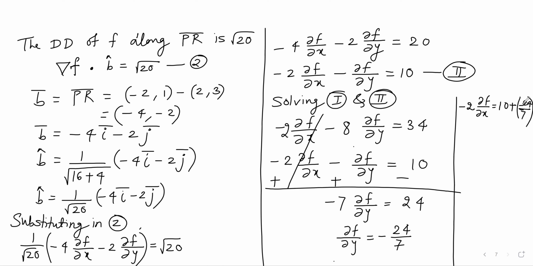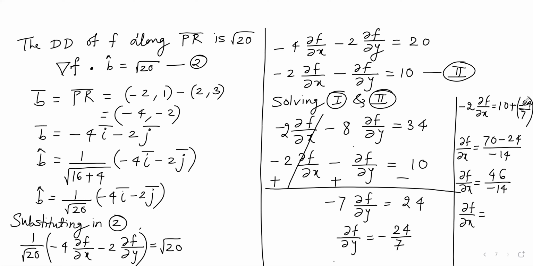Okay, so what is dabba by dabba x? This is 70 minus 24 by 7, and this minus 2 will go here as minus 14. Correct? So dabba by dabba x will be 46 by 14.